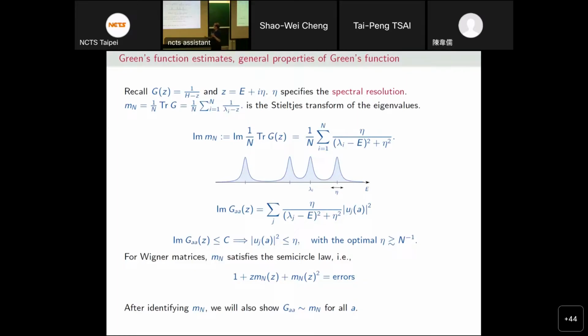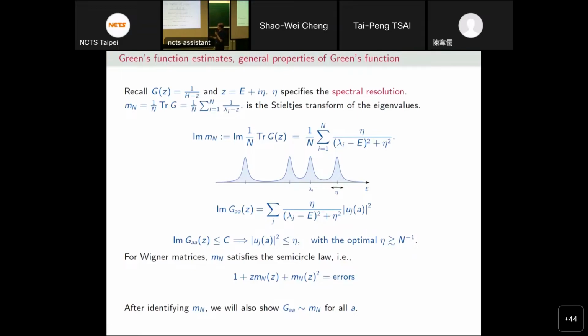For example, if you look at the imaginary part of 1 over lambda_j minus z, it is eta over (lambda_j minus E) squared plus eta squared. If the eigenvalues are here, it will start to look like this. So if you understand m_N, then you understand the eigenvalue locations quite well.